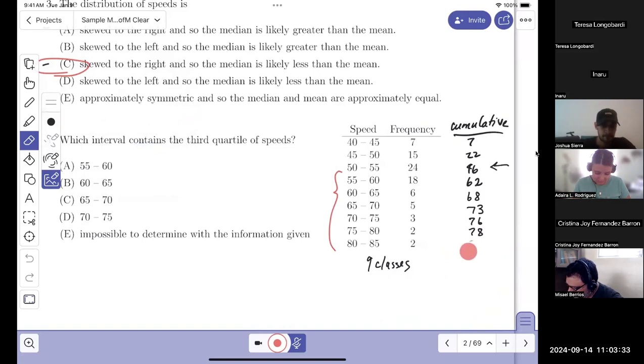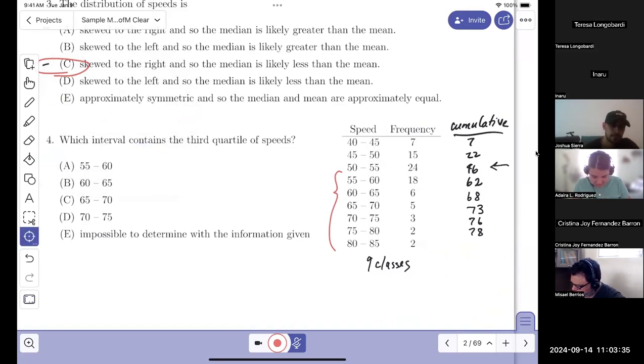Let me go back and look. So 7, then 15. Okay, let me do that again. So 7 plus 15 is 22, plus 24 is 46, plus 18 is 64. Oh, that's where I got it. That's where I lost it. Is that right? 46 plus 18 is 64. So there we go.